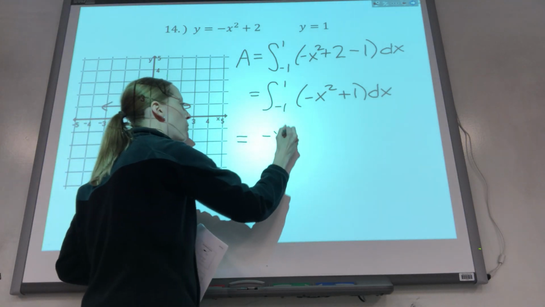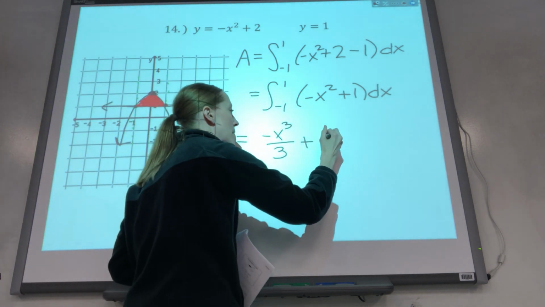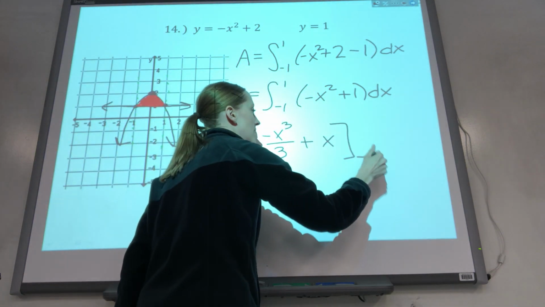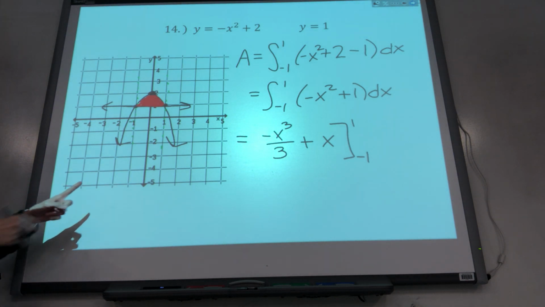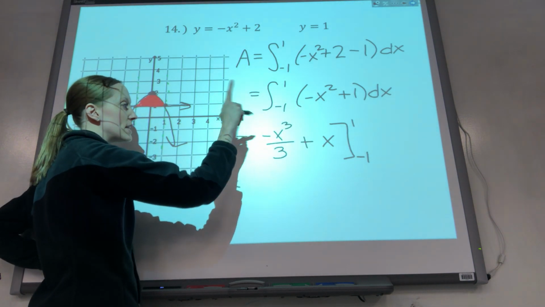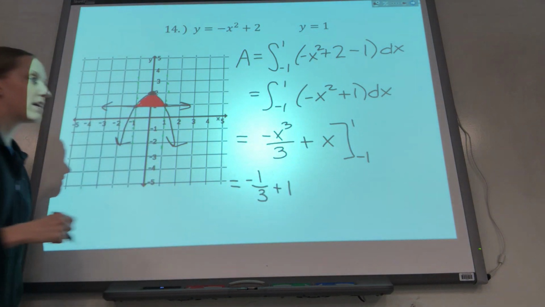So add 1 to your power, put your new power on bottom, plus, if I integrate 1 with respect to x, it's just x. And I'm going from -1 to +1, but plug in the +1 first. So 1 cubed is 1, but I still have to make it negative.